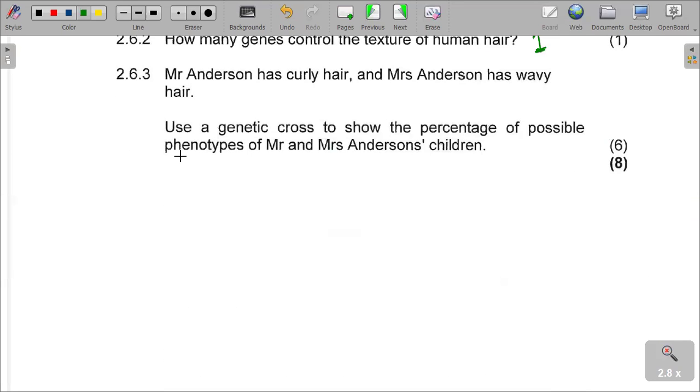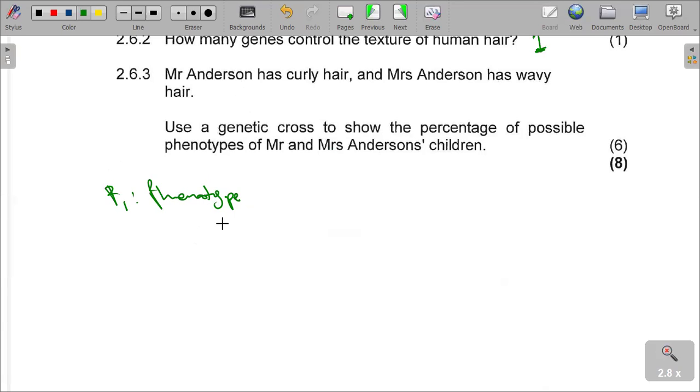I remember I once presented it in paper section A, where we calculated it. We say P1 phenotype: Mr. Anderson has curly hair and Mrs. Anderson has wavy hair.